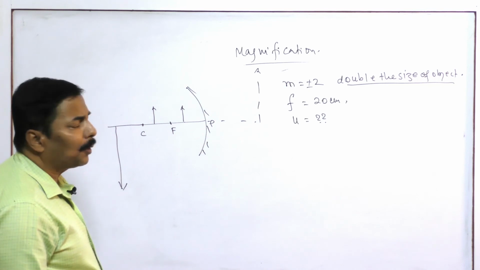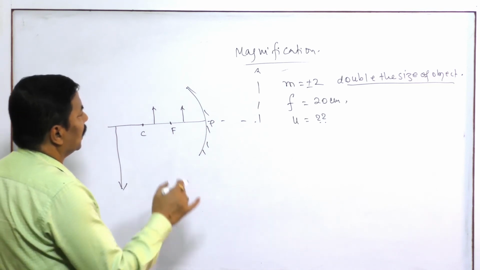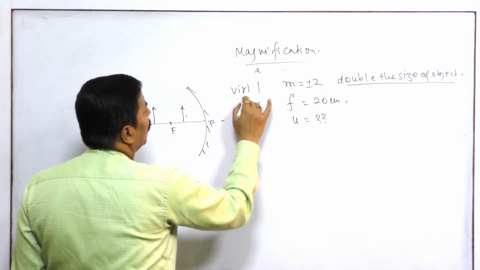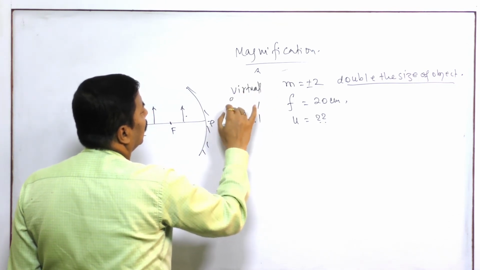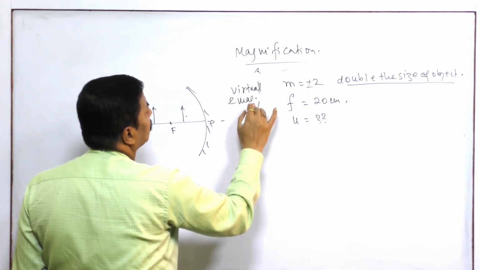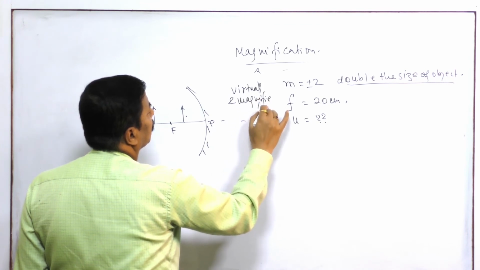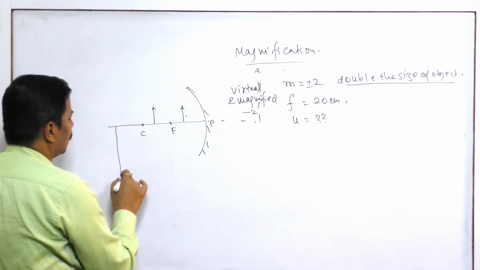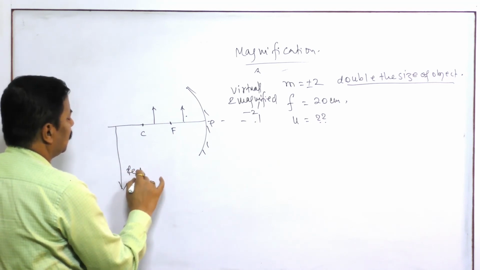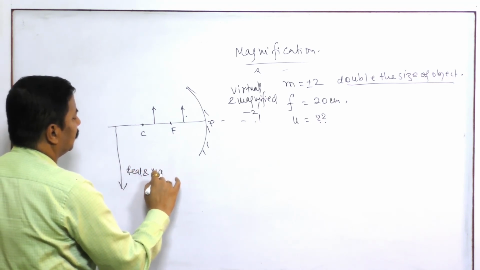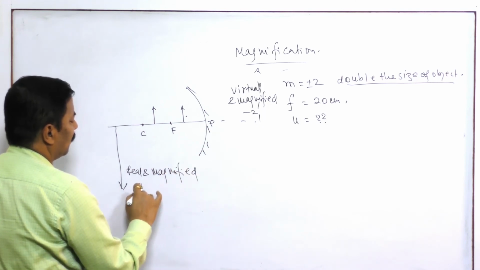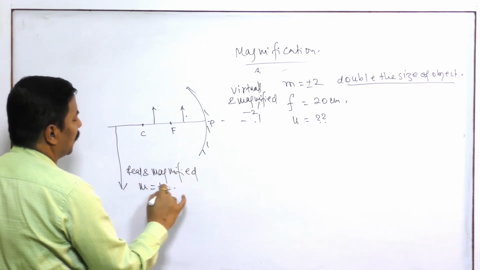What is important to understand in this? It is virtual and magnified, for which I will consider minus 2, and it is real and magnified, for which I will consider M is equal to plus 2.